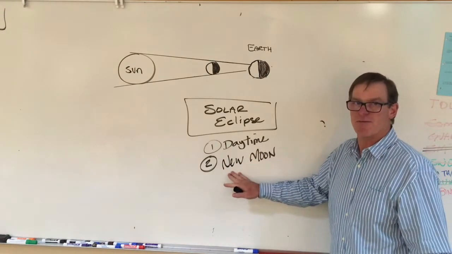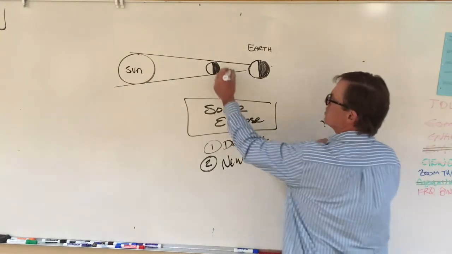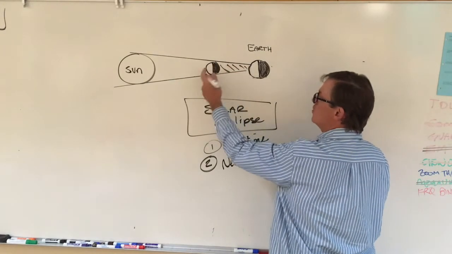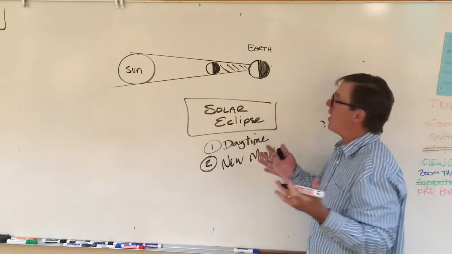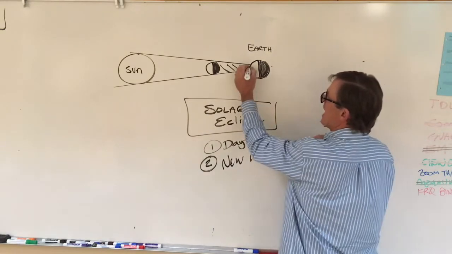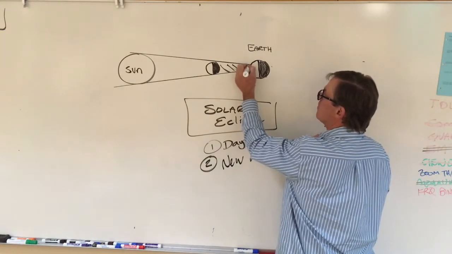It's the opposite of a full moon. The shadow that the moon drags around itself all the time casts a shadow on the Earth.